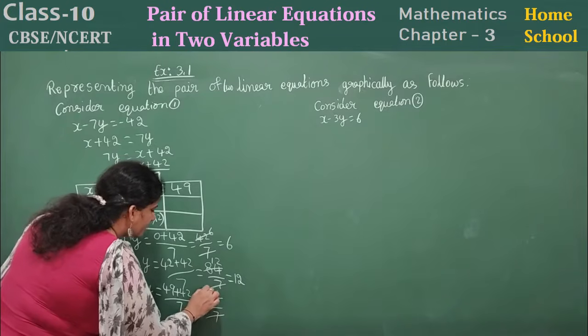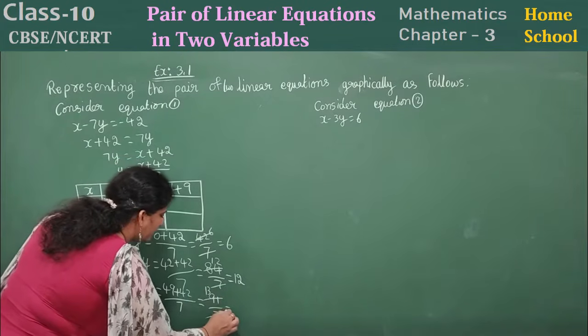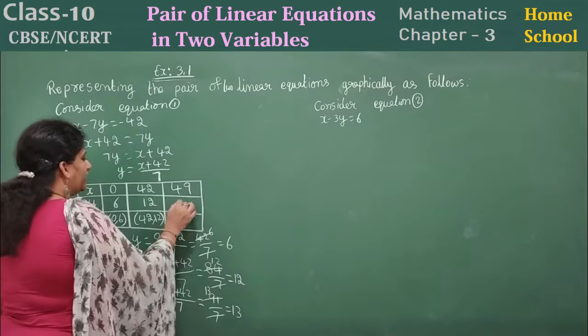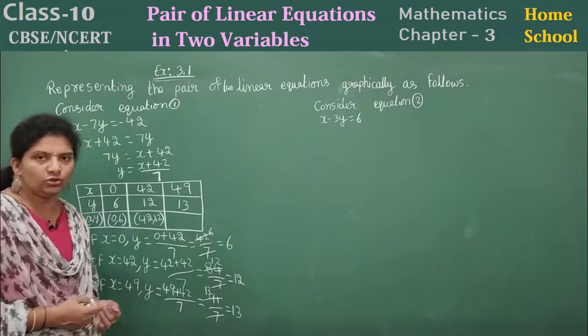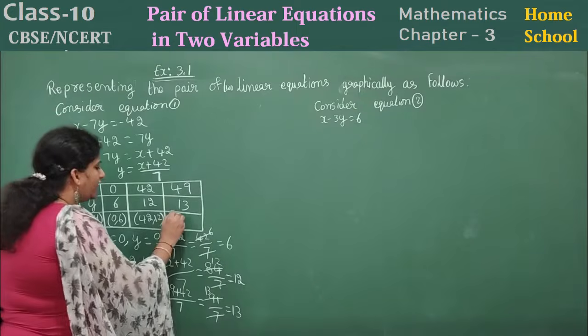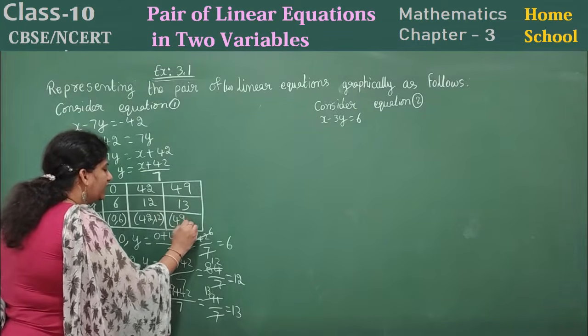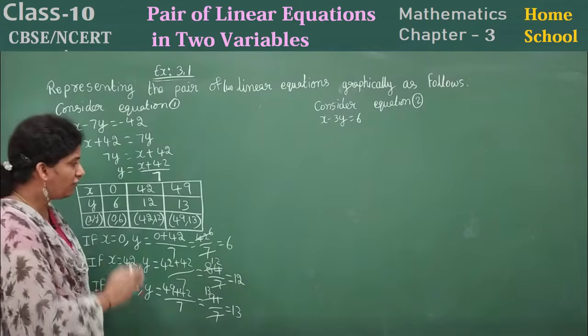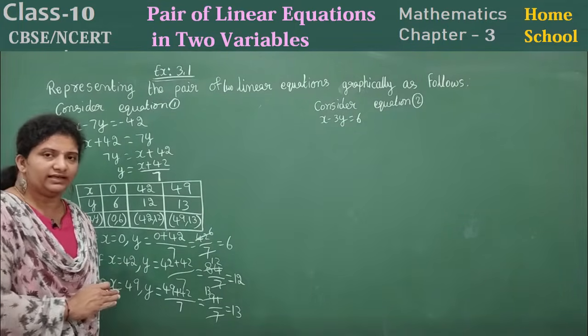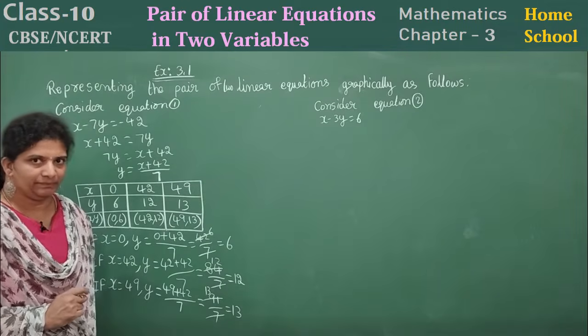Cancel, 7 1s are 7, 7 3s are 21. That will be 13. If x equal to 49, y is equal to 13. Write the coordinate, children, 49 comma 13. With this, half of your graph calculation part is completed.